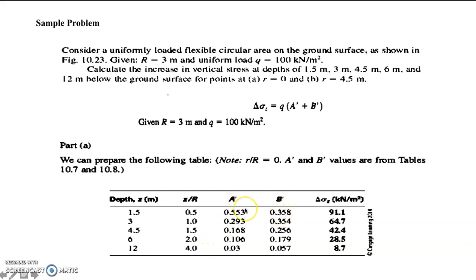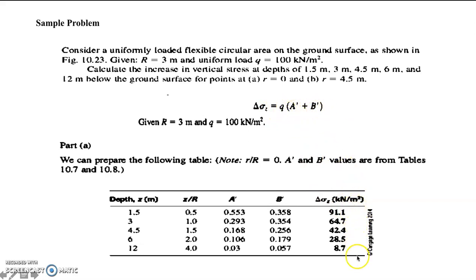Once you have the values, based on our Table 10.7 and 10.8, you can get the values of A prime and B prime. Once you have the values for A prime and B prime, you can get our stress, delta sigma sub z. From there, you substitute the values for A prime and B prime into this equation.